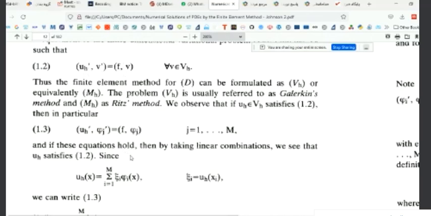So if this equation holds, we can take the linear combinations of elements of psi.